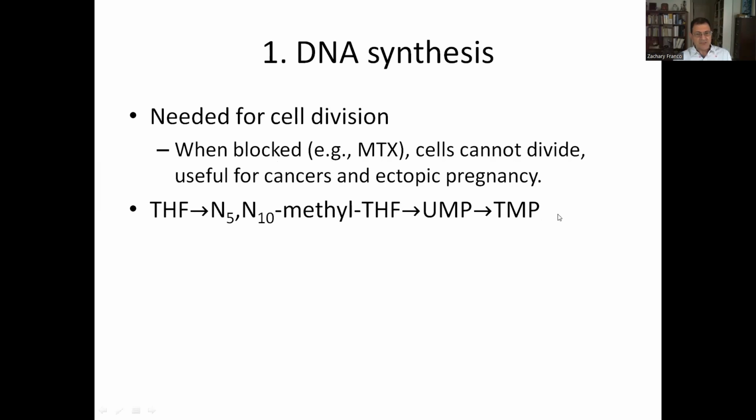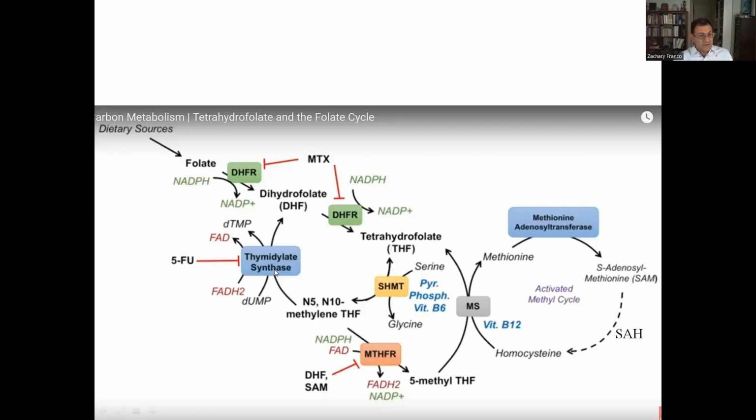And this is the chemistry reaction: tetrahydrofolate gets methylated twice to form N5,N10-methyl tetrahydrofolate. And this here basically converts UMP to TMP. So if we go back to that picture, we see that we have UMP, which I think is uracil monophosphate, into thymidine monophosphate.